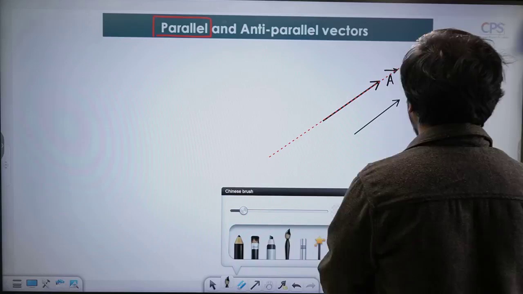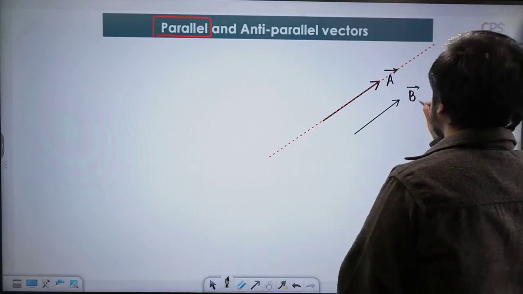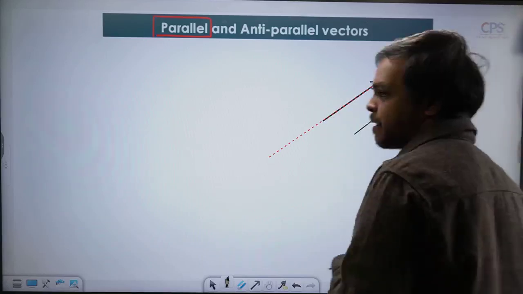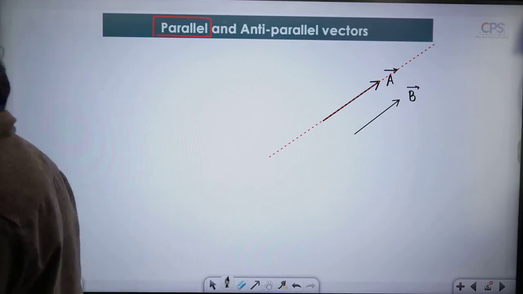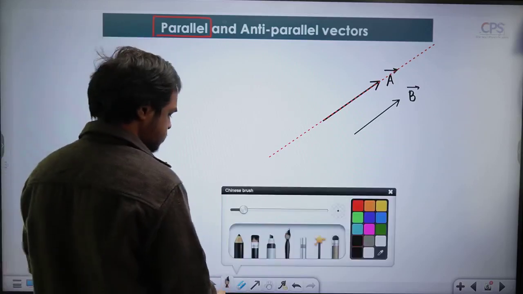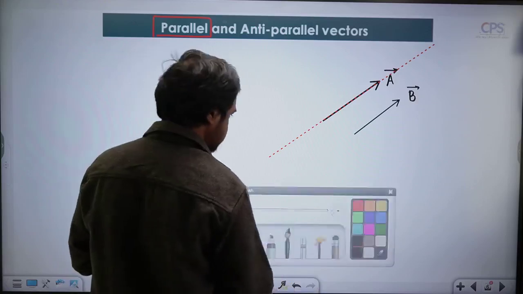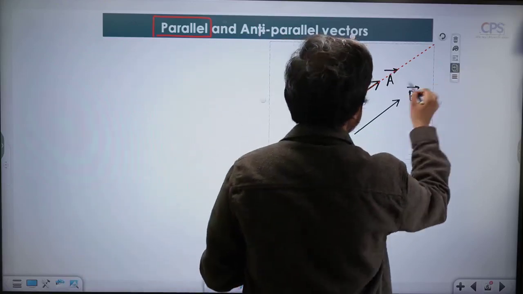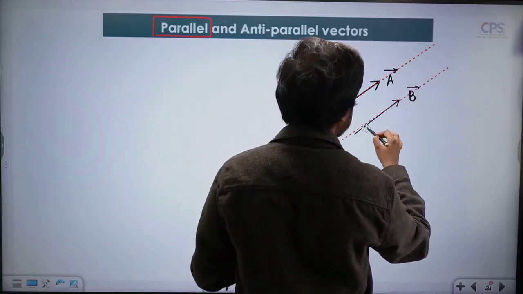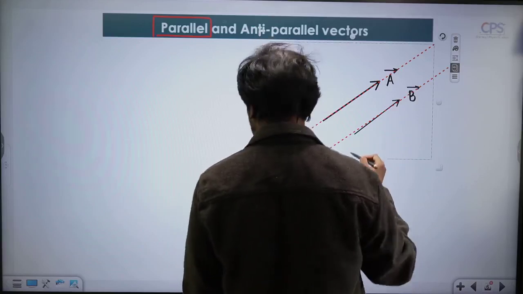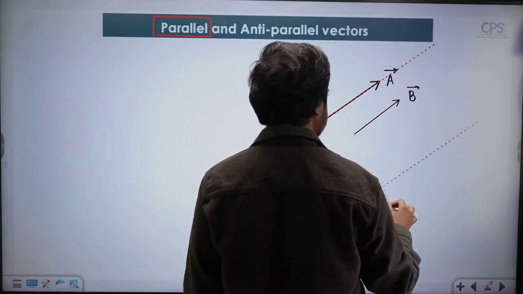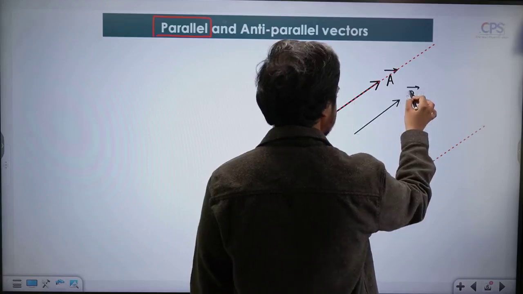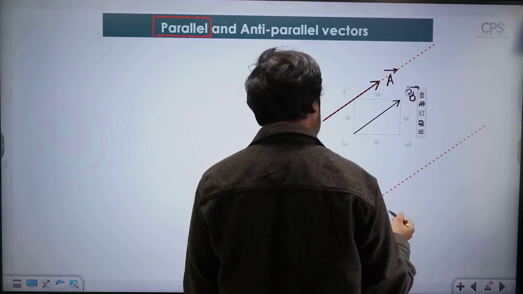You can easily say from the figure that these are parallel, on parallel lines. Okay, just wait a minute.